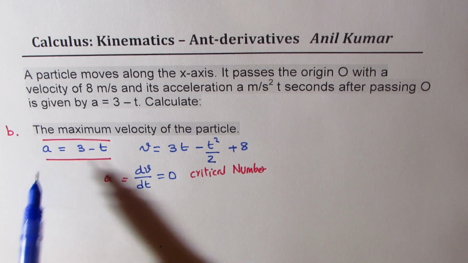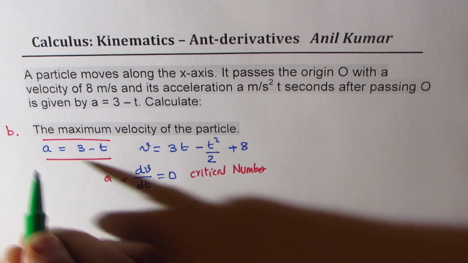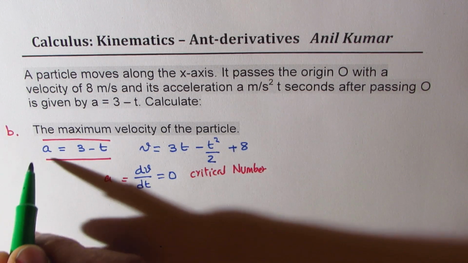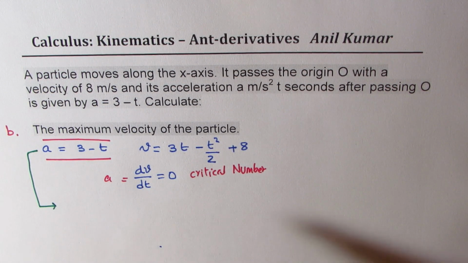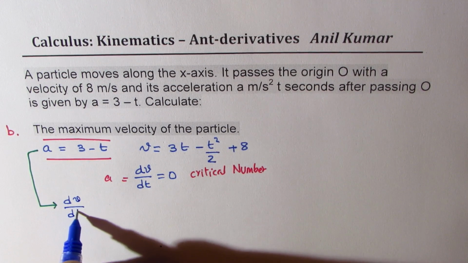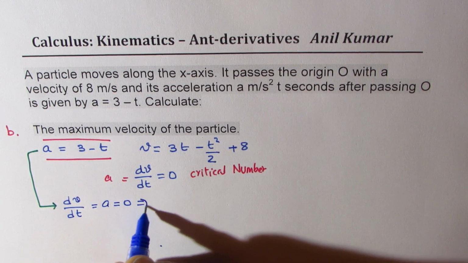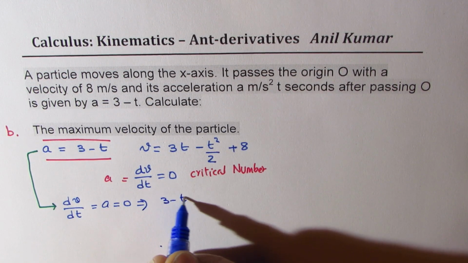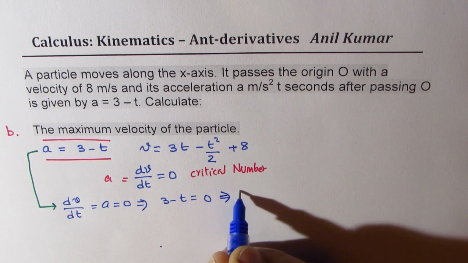So when we say dv/dt, which is equal to a, is equal to 0, it really implies that 3 minus t equals 0. So that gives you t equals 3.